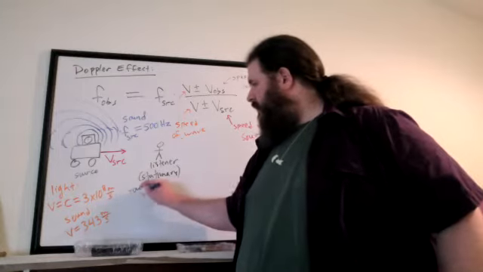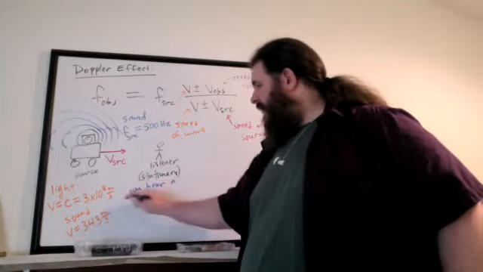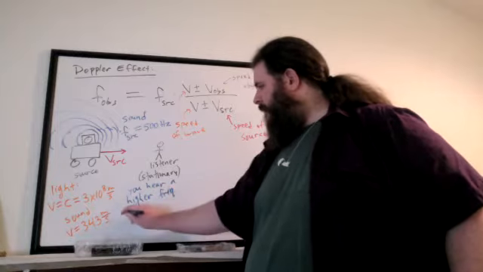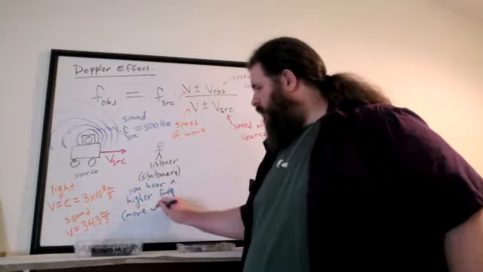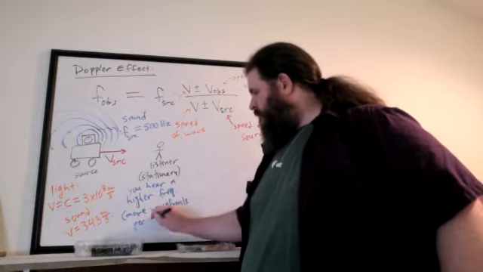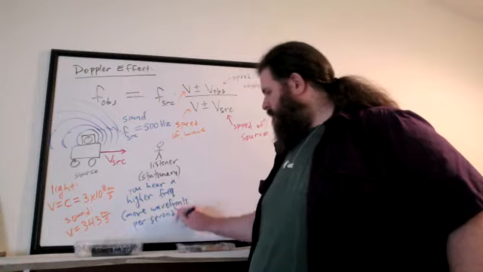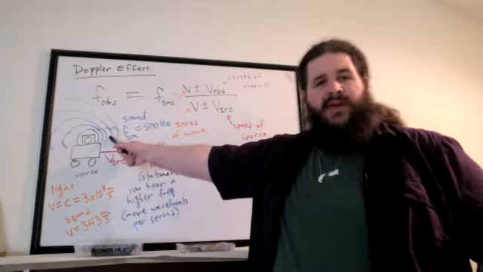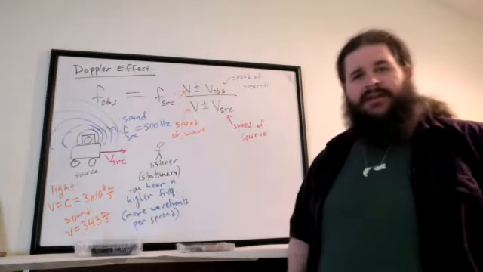So you hear a higher frequency. You get hit by more wavefronts per second. Notice that also corresponds to a shorter wavelength because the waves are bunched up closer together in that direction.